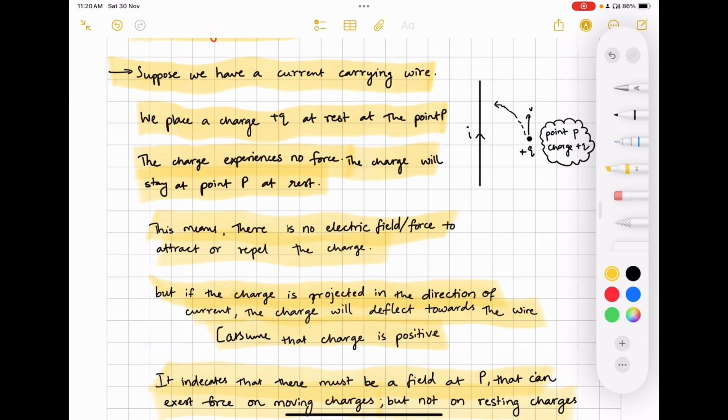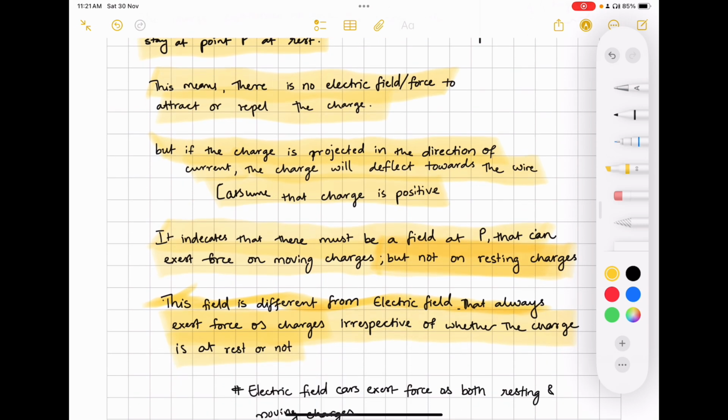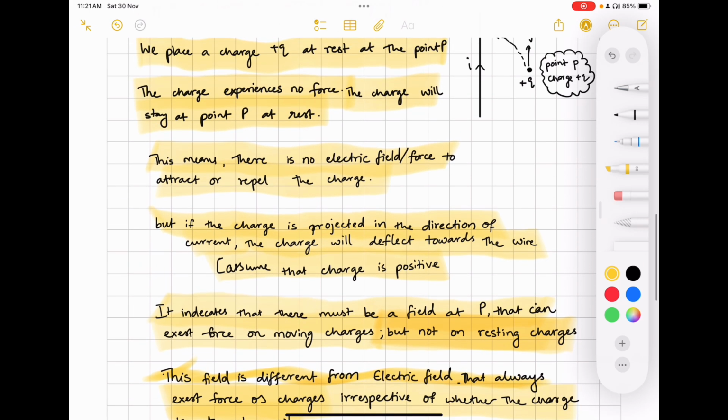Initially, when the charge was at rest, there was no force, but when the charge is projected in the direction of current, it is deflected towards the wire. This indicates that there must be a field at P that can exert a force on moving charges but not on resting charges. An electric field can exert force on a resting charge as well as a moving charge.